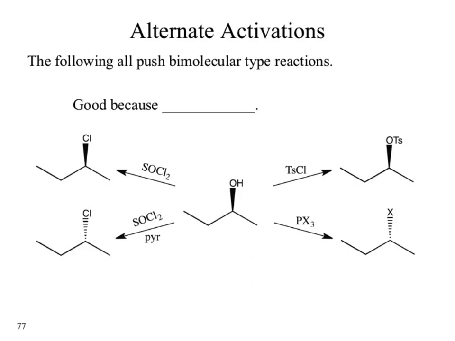Yeah, pretty much any halide. The typical ones you'll see would be PBr3. PBr3 or PCl3. Both of them are doing the same thing. Okay? They're running that same mechanism where the X is either going to be bromine or chlorine. Okay?